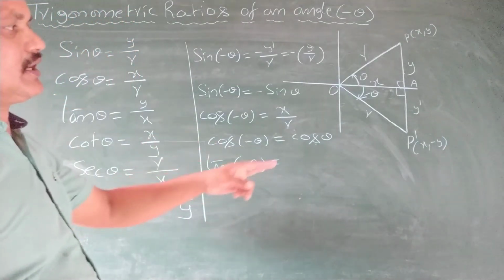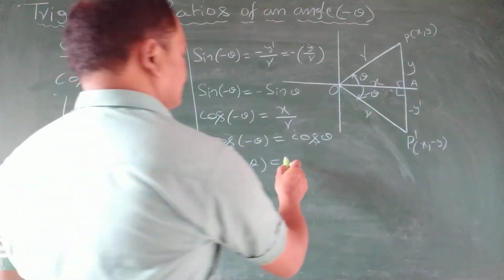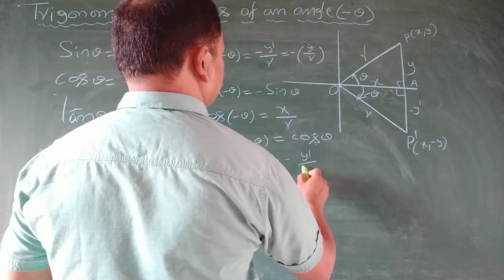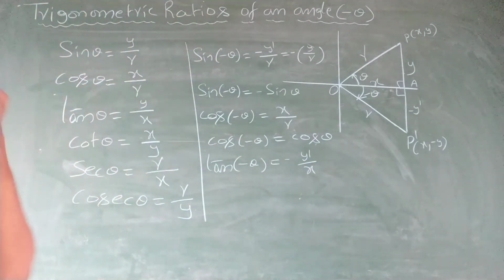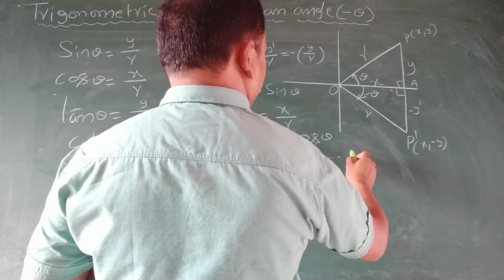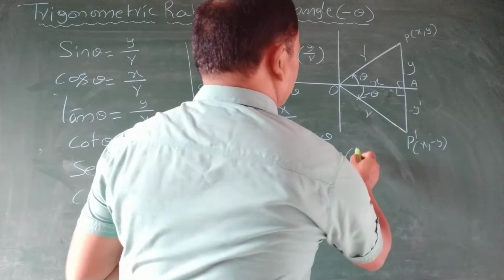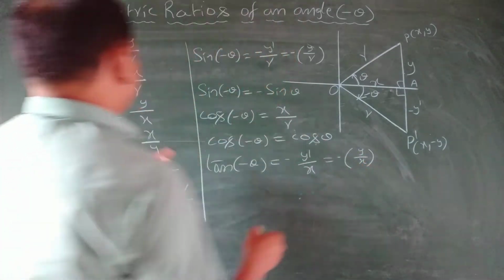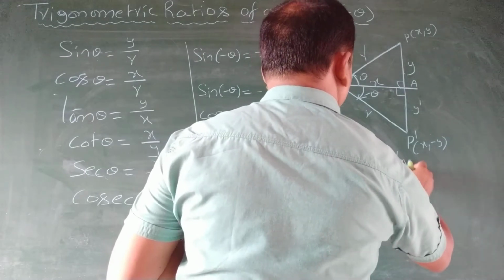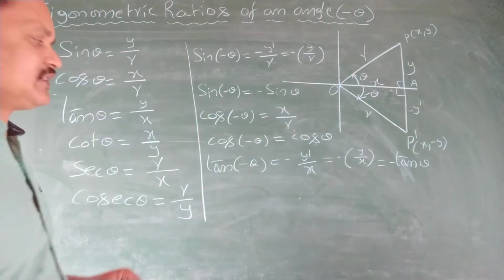Now tan minus theta. Tan minus theta is opposite side by adjacent side, that is minus y dash by x. Y dash is nothing but y, since these two are equal, so minus y by x. Actually y by x is tan theta, that's why this is minus tan theta. So tan minus theta is minus tan theta.